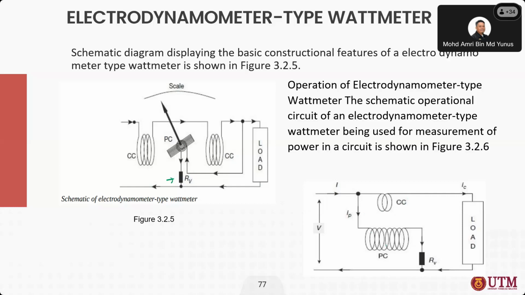You can see at the bottom here, that's the schematic. So this is the modification of the dynamometer, or the connection of the dynamometer to be used as a wattmeter. So let's see some example.